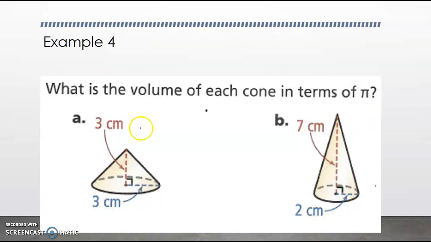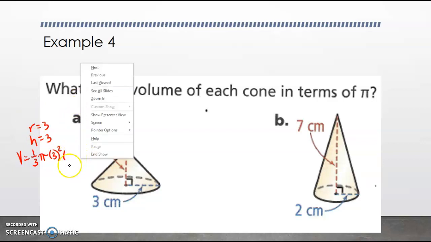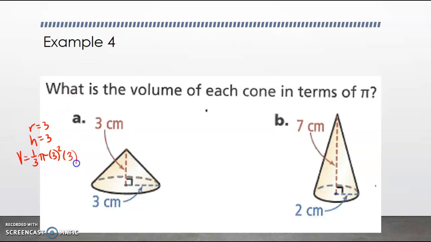All right, so starting off here, what is the volume of each cone in terms of pi? That means we're going to leave our answer with pi. We know that our radius is 3 and our height is 3. So volume equals 1/3 pi times radius squared times our height, which is 3.